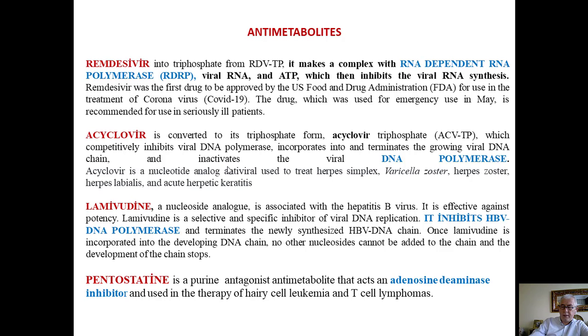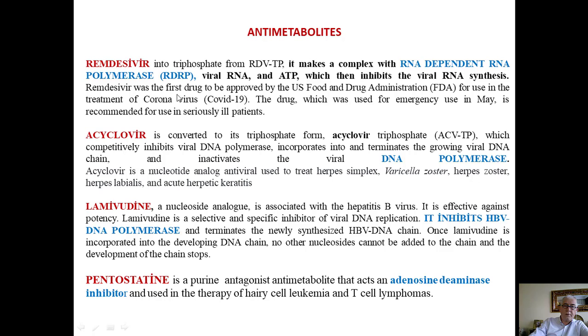And then the last topic is antimetabolites in purine and pyrimidine metabolism, because many molecules are purine and pyrimidine analogs and can be used as drugs. Remdesivir, for example, is converted into the triphosphate form, and this triphosphate form makes a complex with RNA-dependent RNA polymerase and viral RNA, and then inhibits viral RNA synthesis.